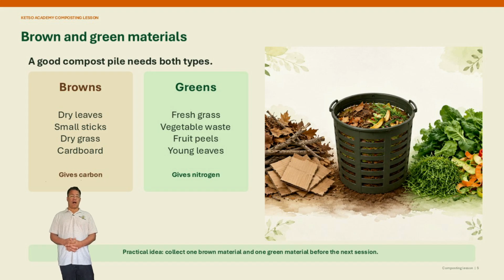The green is the fresh things that we know don't dry, like fresh grass or vegetables like pepper, or cassava peels, or even fruit peels and young leaves. That is the important nitrogen inside your compost heap. So these two things together are very important to get what they call a healthy compost heap: brown materials and green materials.